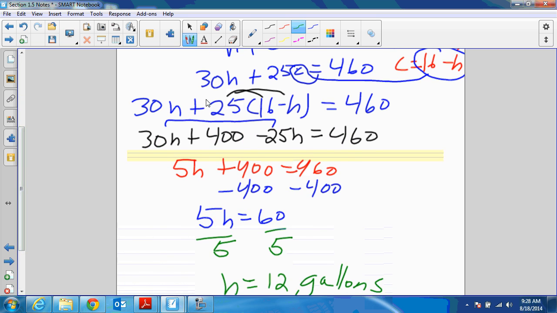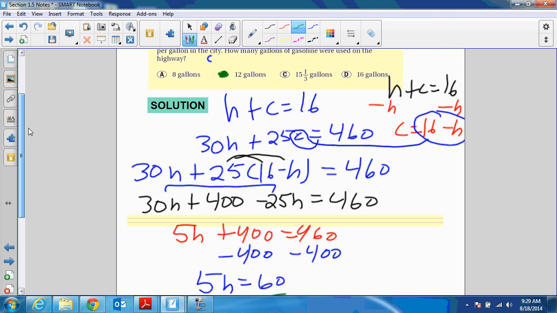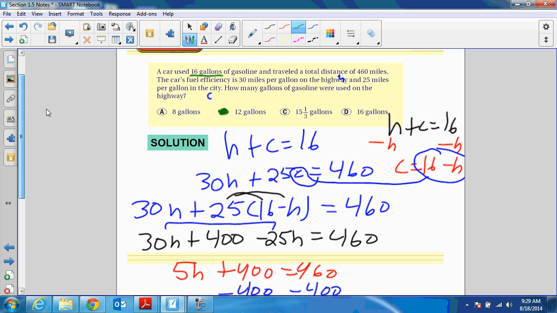Obviously, if you take 12 times 30, you get 360, and subtracting from 460, you get 100, and 100 divided by 25 is 4. I'll let you guys plug that in and check your work. I can kind of do it in my head.